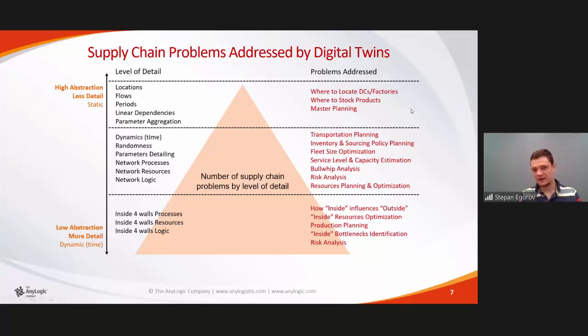For example, where to locate DCs or factories, where to stock products, supply chain master planning, to some medium level problems such as inventory sourcing policy planning and different other policies such as transportation policies or even risk analysis, to the lowest abstraction level where you model a very detailed thing such as a warehouse inside four walls or a factory inside four walls, and you can see how production planning process inside a factory can influence the whole supply chain. And this is something you can achieve with a digital twin.